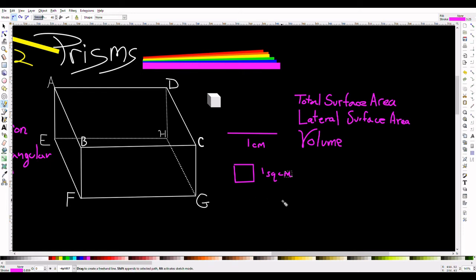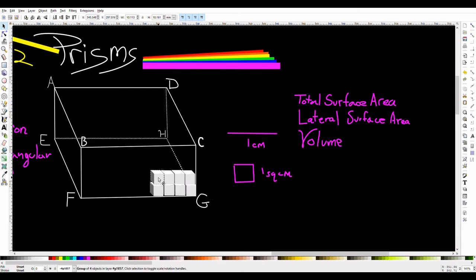And volume is cubic. So we would call, for example, this shape here, a 1 cubic centimeter box. When I am looking for the volume of a three-dimensional shape, that will tell me how many of these cubic boxes fit inside of the shape. And so that is what volume is.